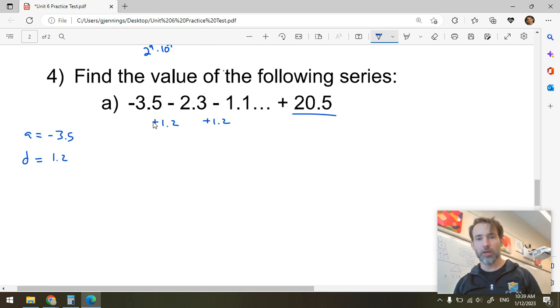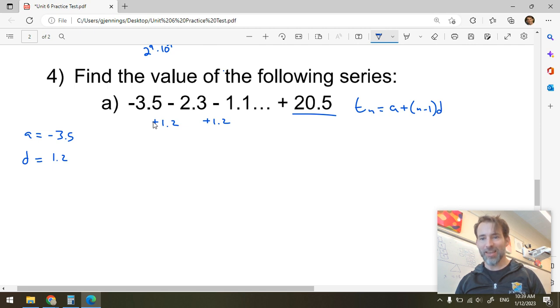All right, so we're going to first go T of n is equal to a plus n minus 1 times d. All right, let's sub in. So Tn equals 20.5 equals negative 3.5 plus some number n minus 1 times 1.2.